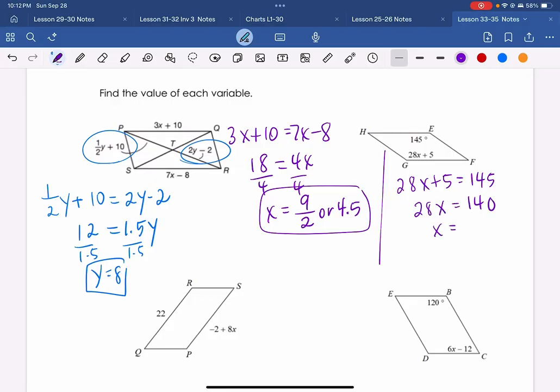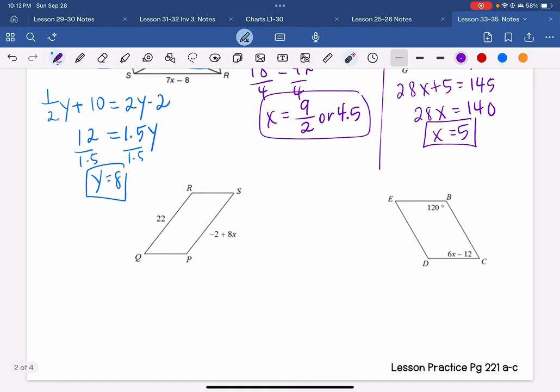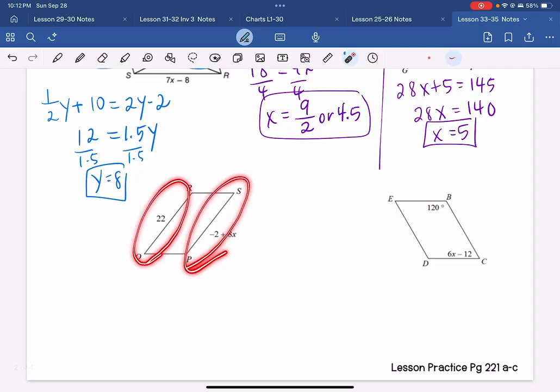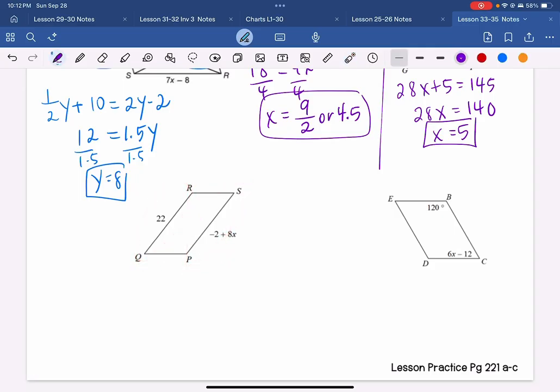And if we divide by 28, we get x = 5. Another thing about parallelograms is that their opposite sides are congruent. So once again, -2 + 8x = 22. We add 2 to both sides, which gives us 24. We divide by 8, which gives us x = 3.